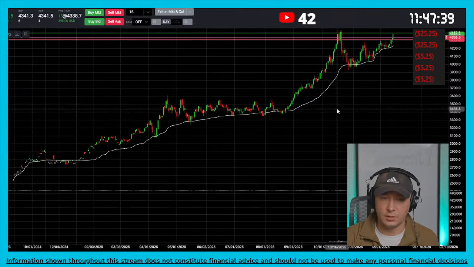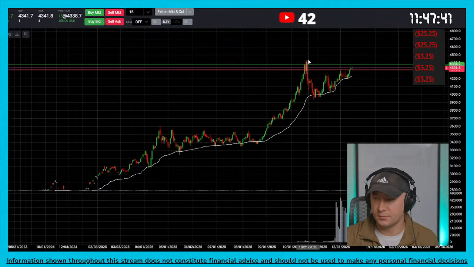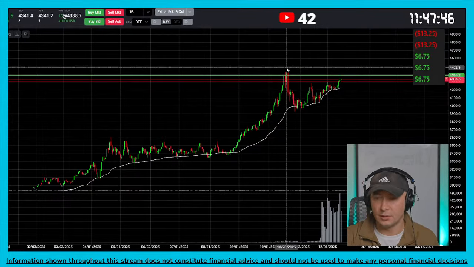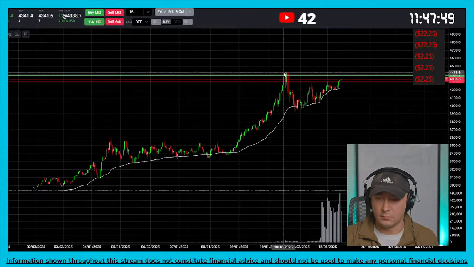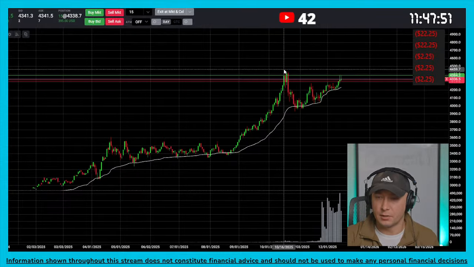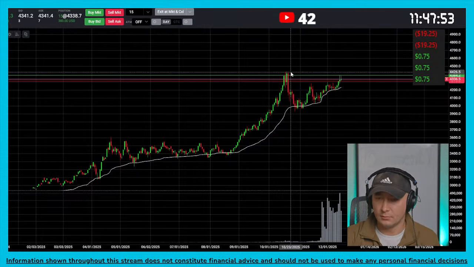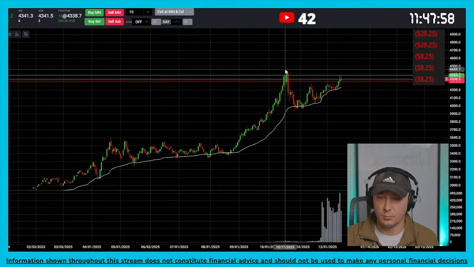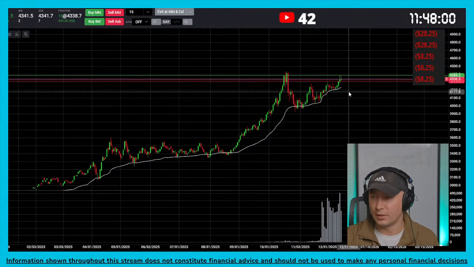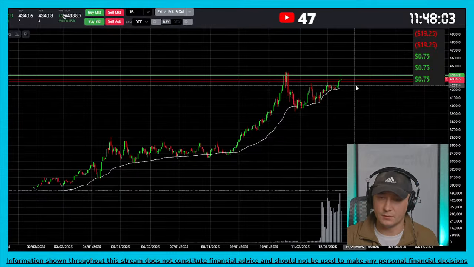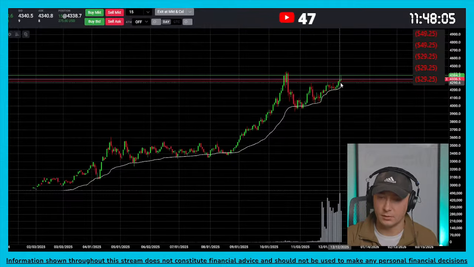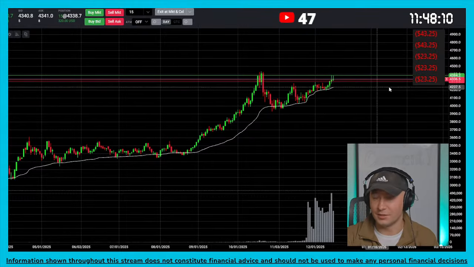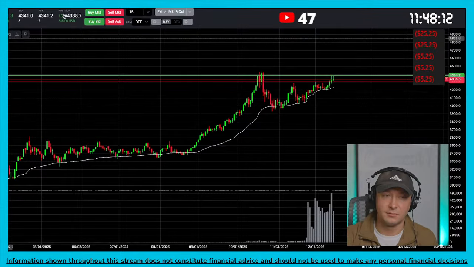When you get such massive moves like this, historically you do get pullbacks, which we got, that 10% or so drop. But it's usually a big continuation after some consolidation, which it did, and it didn't consolidate for very long. This was a couple weeks, and then it's right back up here.